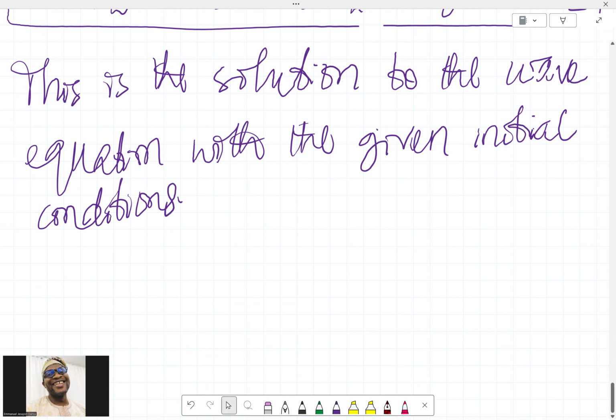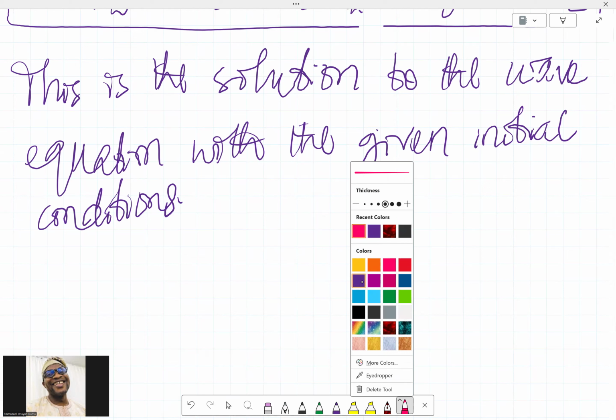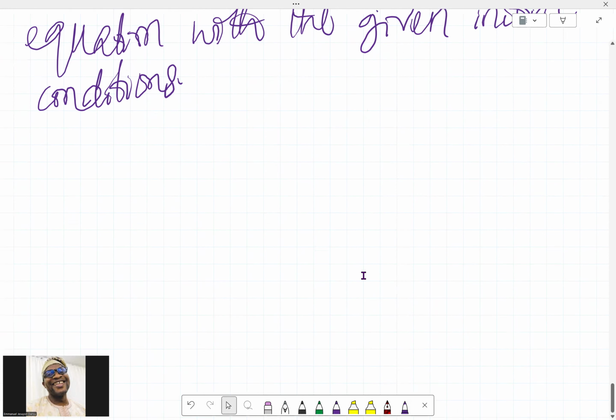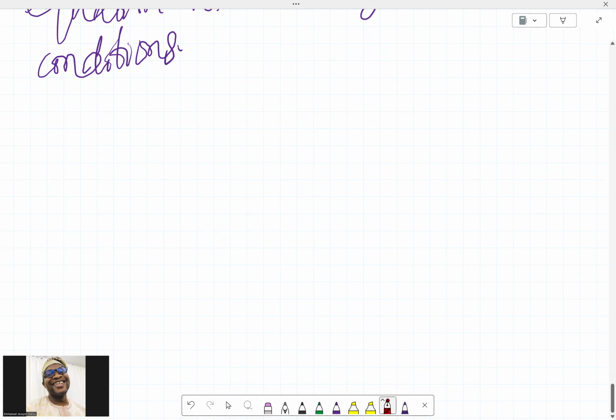Okay, that's the solution. So based on this, now we can take a worked problem. Let's see that. So let us now go to this example.